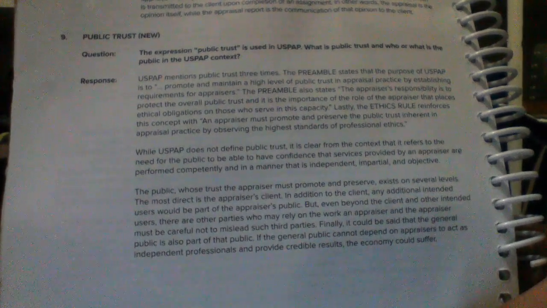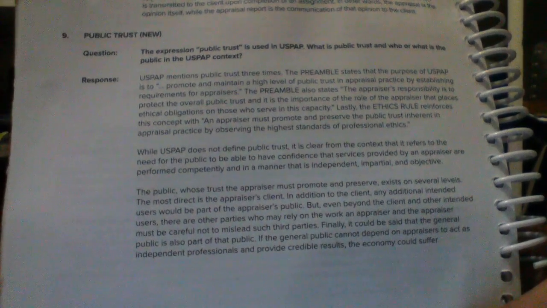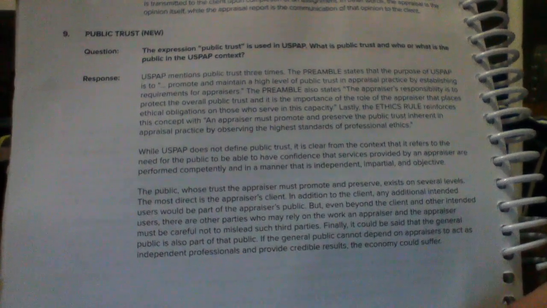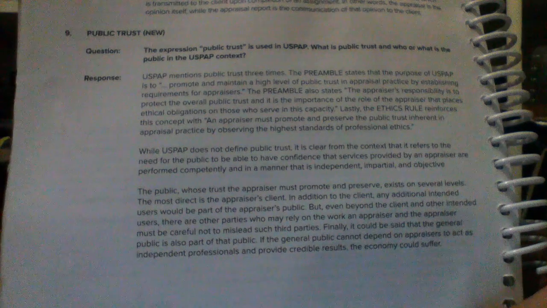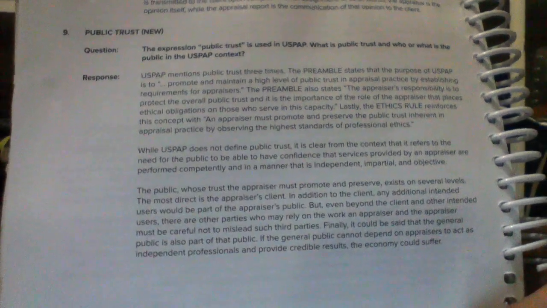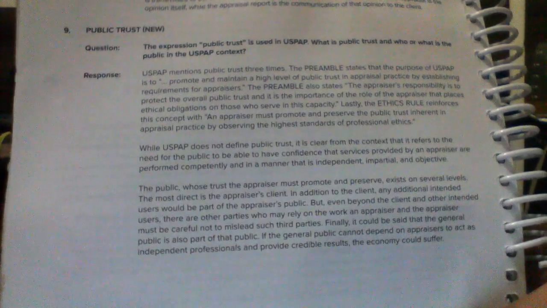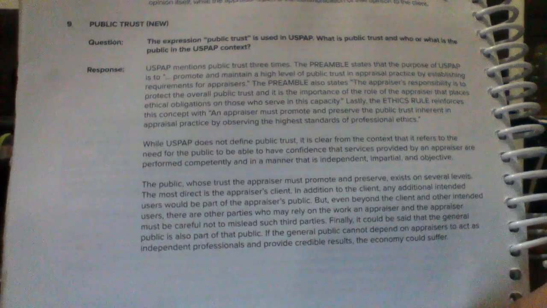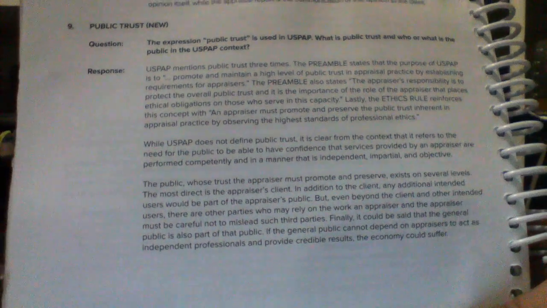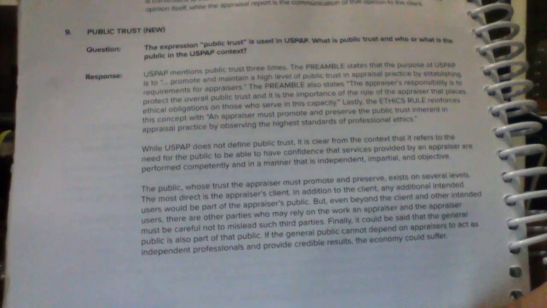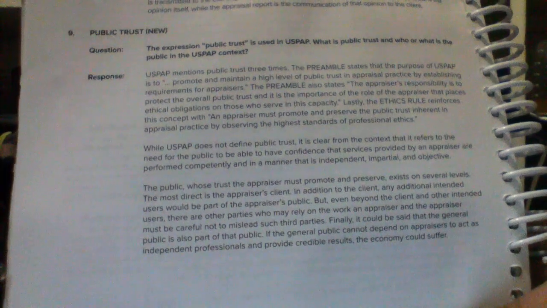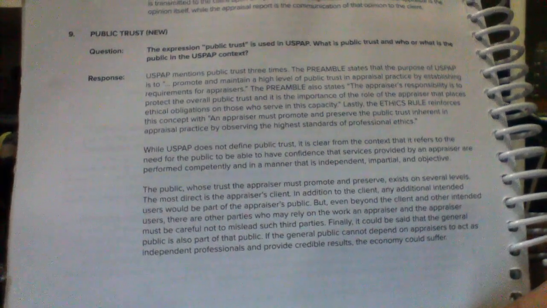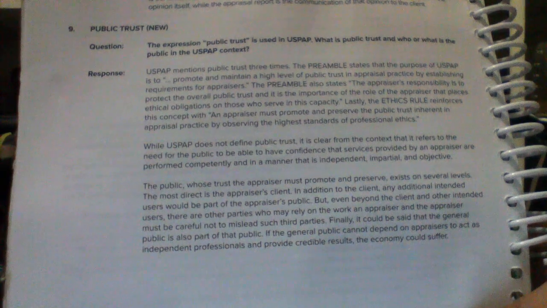While USPAP does not define public trust, it is clear from the context that it refers to the need for the public to be able to have confidence that services provided by an appraiser are performed competently and in a manner that is independent, impartial, and objective.